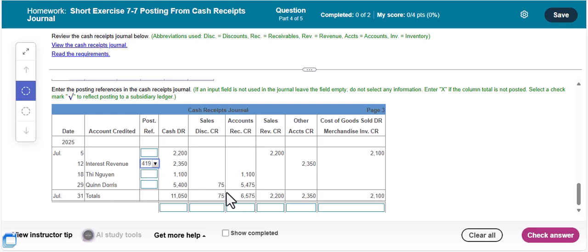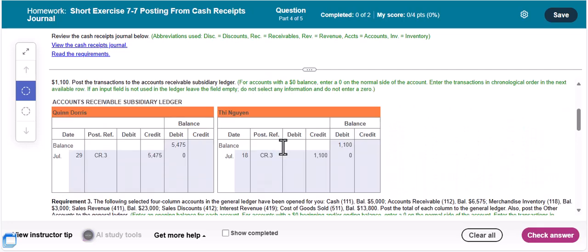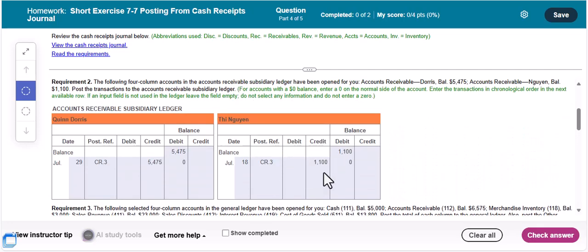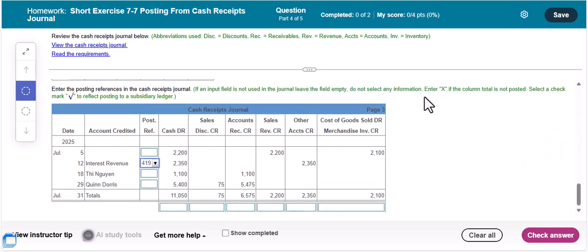And now let's work down our accounts receivable column. So where was this 1,100 posted to? That was posted to the AR subledger for Thigh that we did at the beginning, or I should say part 2 in the orange here for the AR subledgers. So there's Thigh's $1,100 credit there. So that was posted, and notice that it says we select a check mark to reflect posting to a subledger.